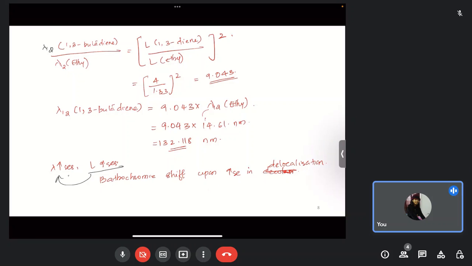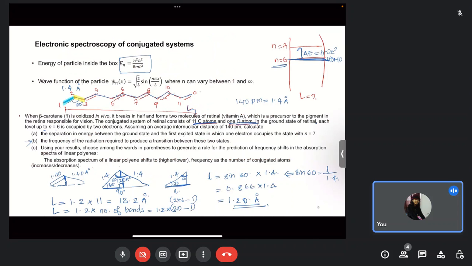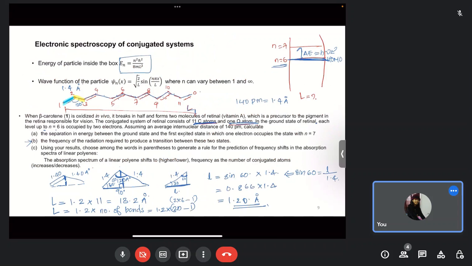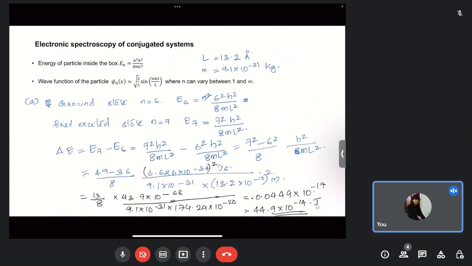And now we came to a comparatively complex delocalized system, and we saw how to find the length of the box given the number of double bonds, from which we calculated the ground state and the excited state given the number of double bonds.